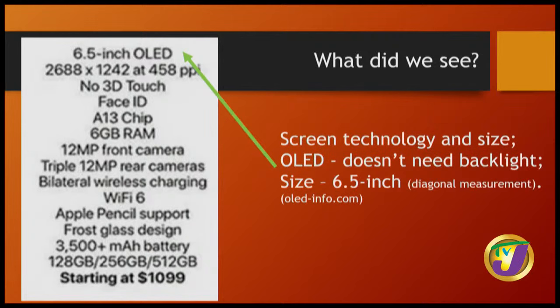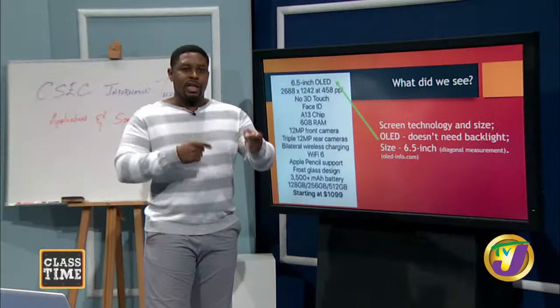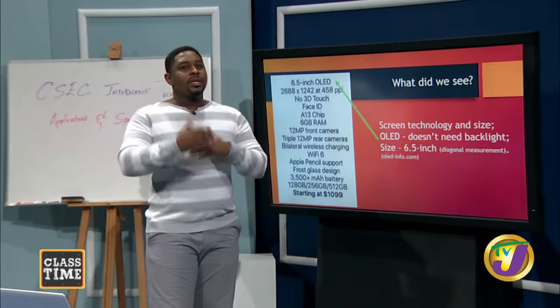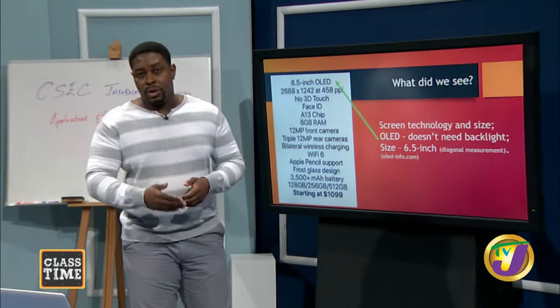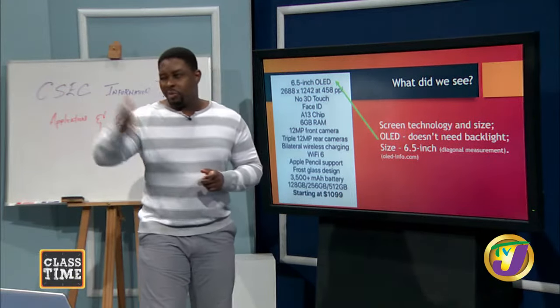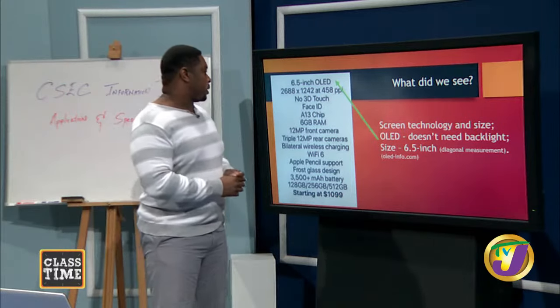So OLED actually stands for Organic Light Emitting Diode. And it simply means that there are some cells between two plates that when you pass current through them, they change color. All right, that's essentially what it is. You don't need to go into the details right now unless you're possibly studying CAPE computer science and then possibly if you move on to computer science at university.